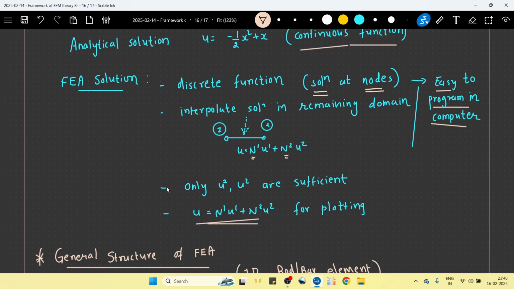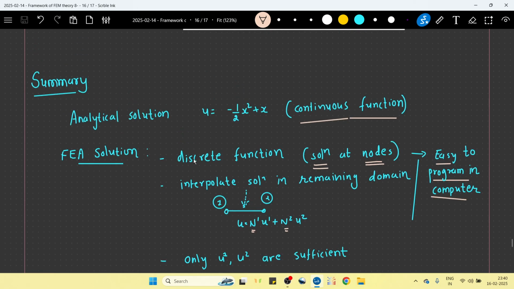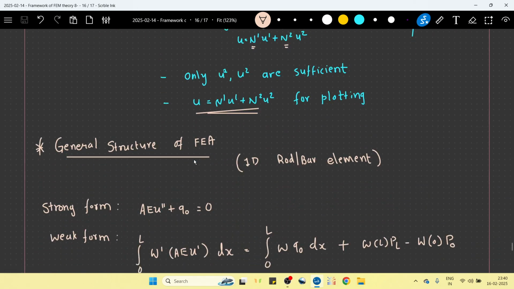Another important aspect of the FEA solution is that we only need to find u1 and u2. The nodal solutions are sufficient. We don't need to find the solution for the remaining domain or within the element. We did it only for plotting purposes. So that is a quick recap of the previous video.